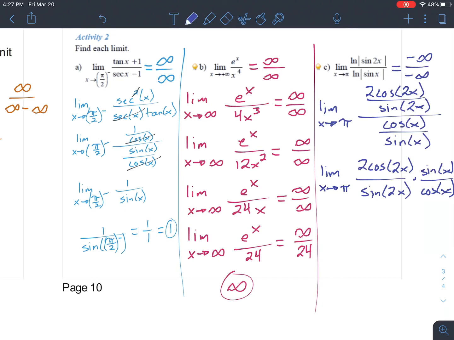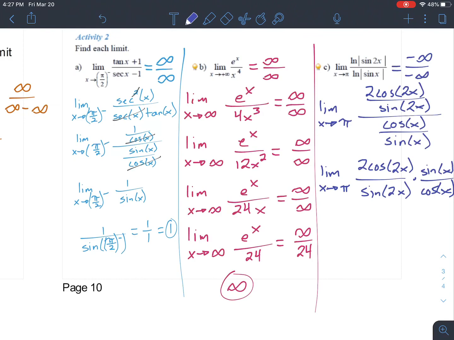And I see something else that we can do as well. Down on the bottom, sine of 2x can be simplified. I don't know if you remember, but back from IM3, you learned about the double angle formulas. And we can make sine of 2x turn into another value.